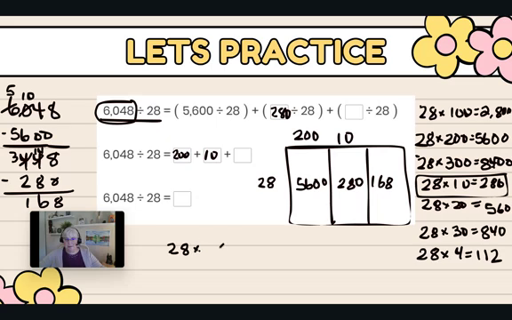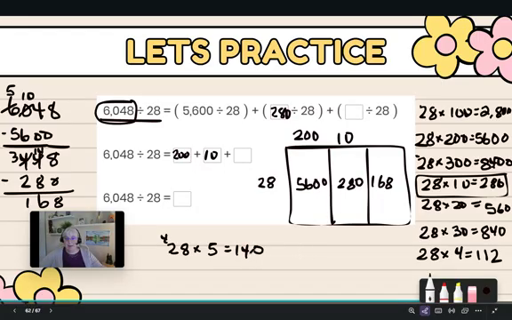28 times 5. 8 times 5 is 40. Write the 0, carry the 4. 5 times 2 is 10, plus 4 more is 140. Oh, it's going to be 6, because I know that 28 more is going to give me 168. So 28 times 6: 6 times 8 is 48.